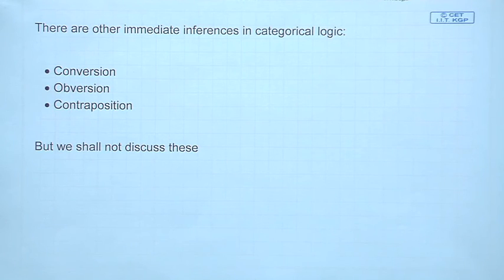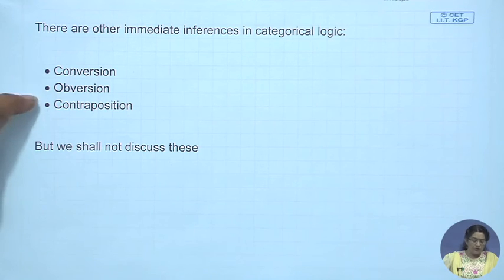Now, this does not mean that this is the only kind of immediate inference available in categorical logic. There are three other kinds. There is conversion, there is obversion, there is contraposition, and each one is a method for immediate inferences. So, given a premise, you can do these operations on them to get a result. That would be a valid conclusion, and they will tell you where it is valid, where it is not, and so on.